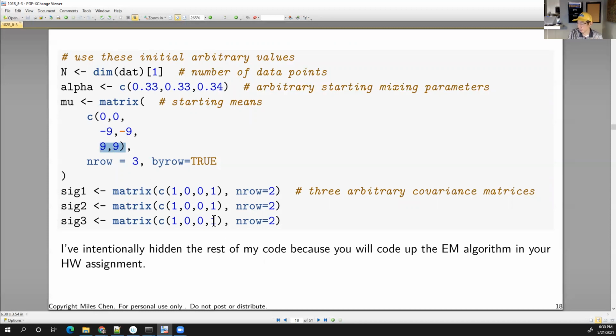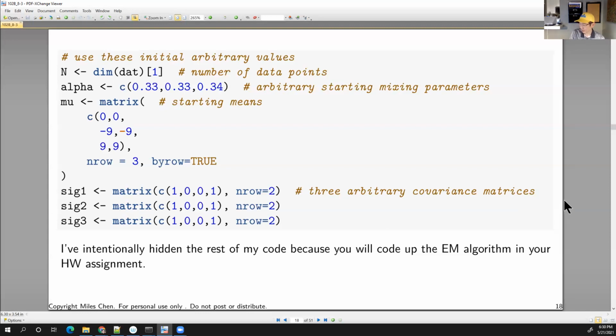We also start off with arbitrary variance-covariance matrices, and here I'm just putting in the identity matrix for our starting sigma matrices. I've hidden the rest of my code because you're going to code up the EM algorithm as your homework this week. I hope it's satisfying when you get your algorithm to work.